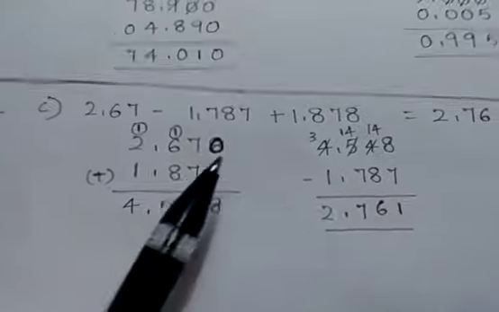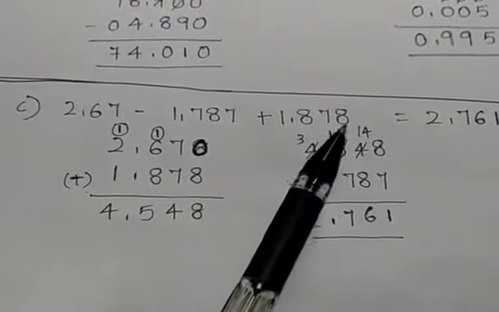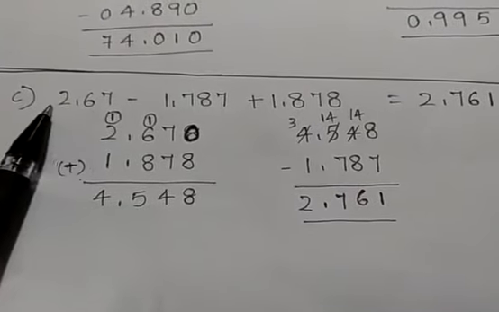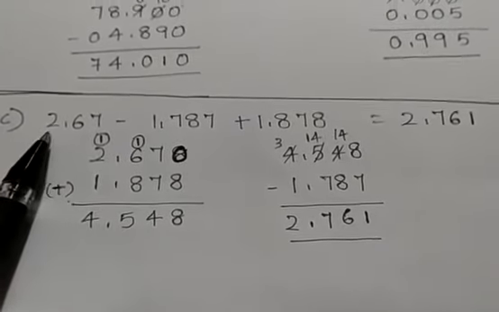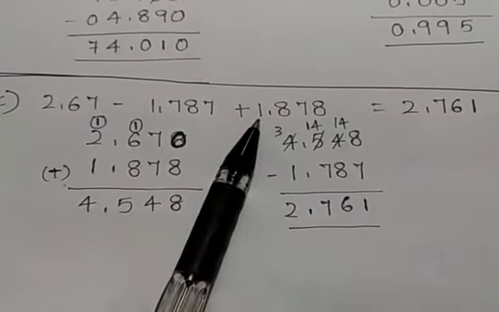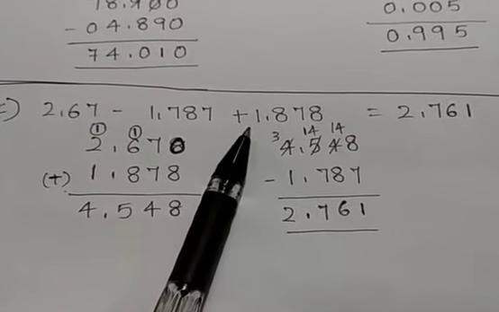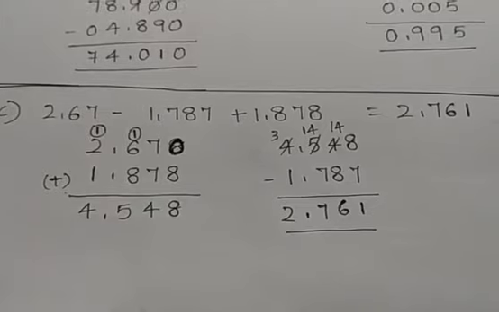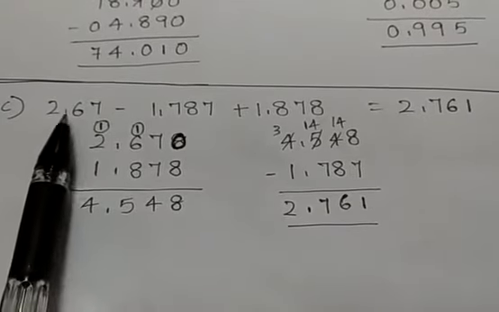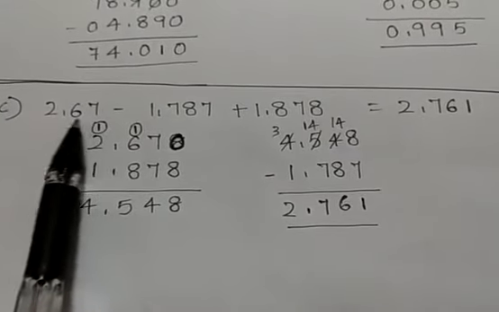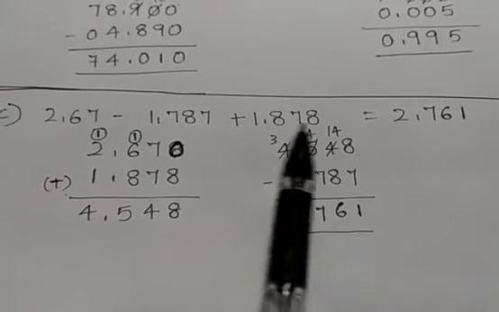Observe the digits. We have here only one digit before the point, and here also only one, so no need of placing zeros on the left hand side. But after the point we have two digits here and three digits here.